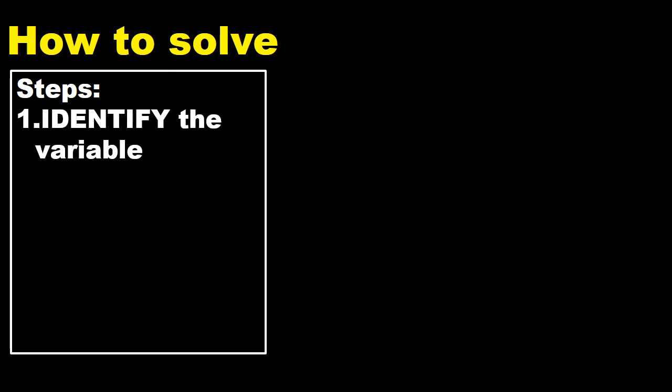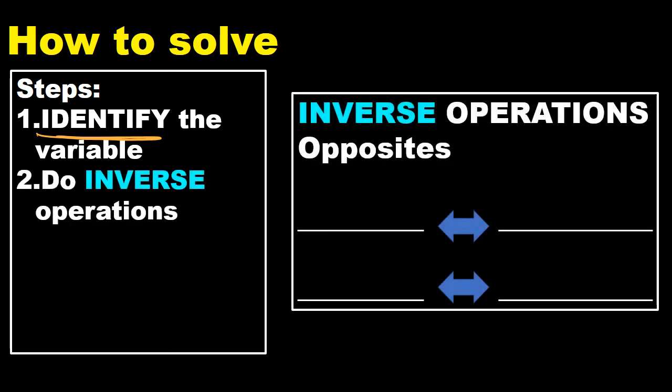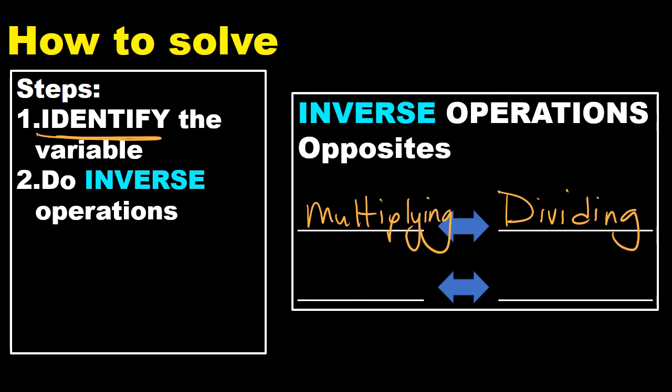So we have some steps. The first one is we need to identify the variable. So we need to point it out, pretty much. The second one is we need to do inverse operations. In this case, the inverse of multiplying is dividing. We're just talking about the opposite operation.